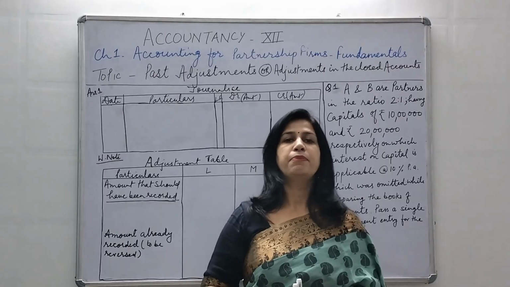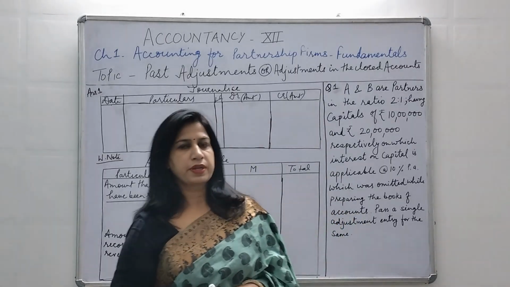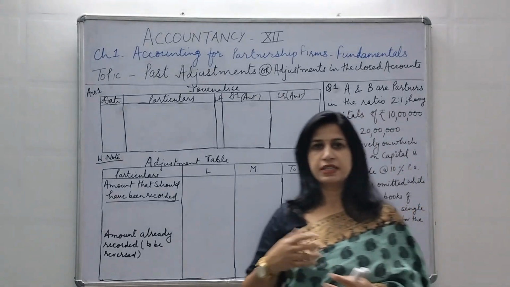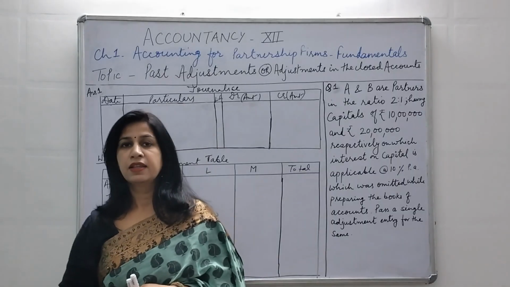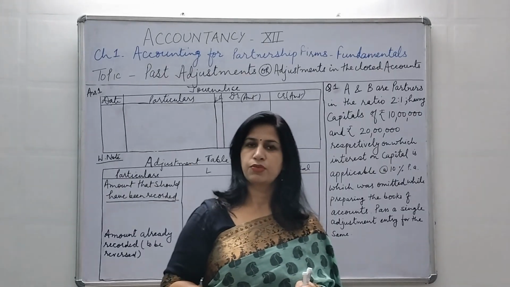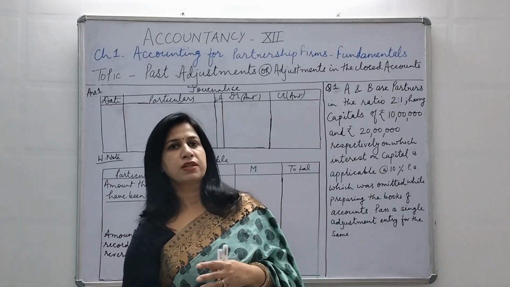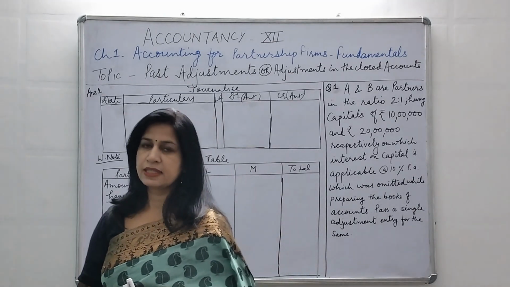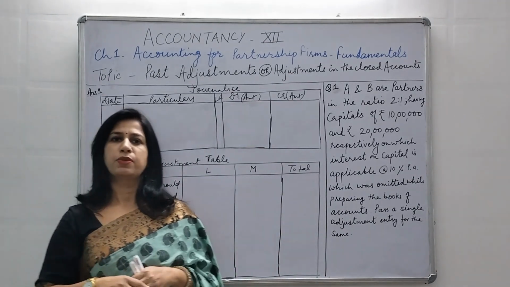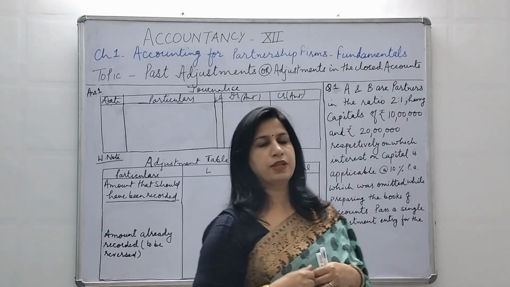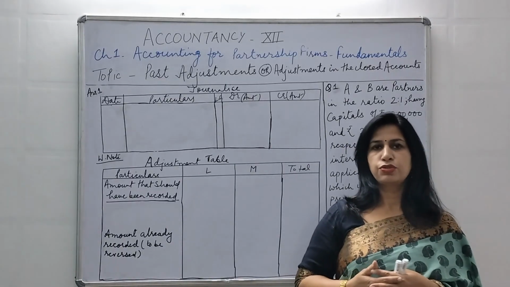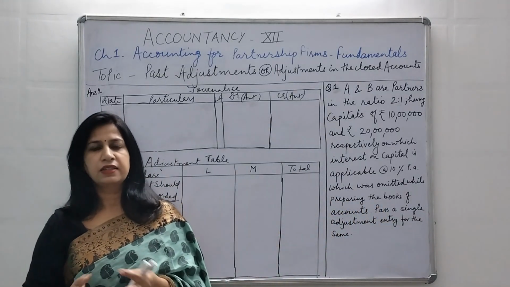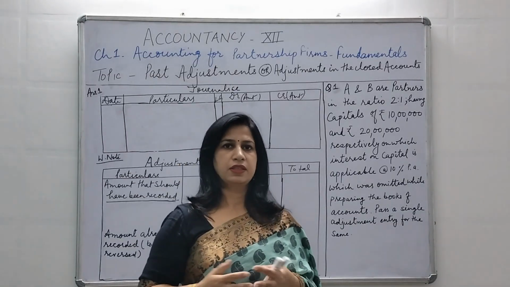Now first of all, the meaning of past adjustment. Children, what happens is that in any partnership firm, after closing the books of accounts, if it is discovered at the end of the financial year that there had been certain errors while preparing the accounts or some omission of some of the provisions of the partnership deed, then instead of altering the already prepared books of accounts and the signed balance sheet, the partners decide to bring an adjustment entry, or bring the corrections, to rectify the errors which have taken place after the closing of accounts.